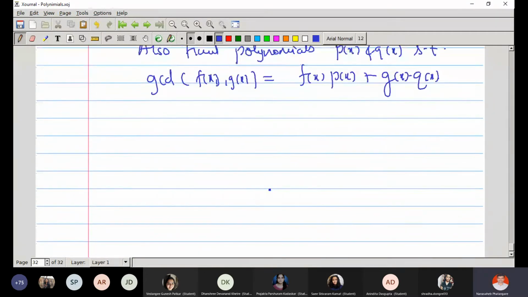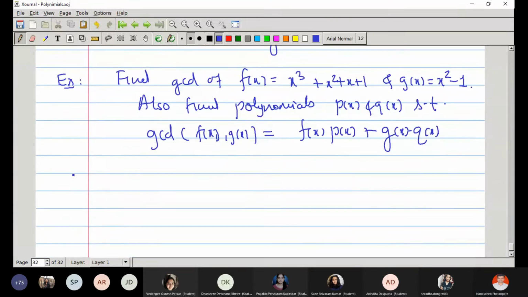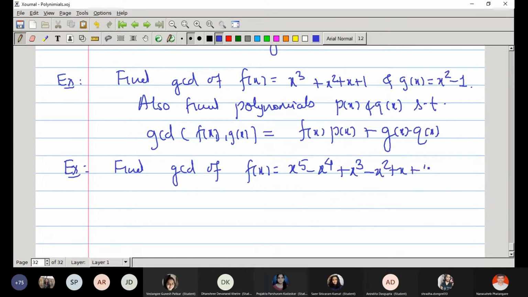Right, find GCD of fx is equal to x raised to 5 minus x raised to 4 plus x cube minus x square plus x minus 1 and gx is equal to x square plus x plus 2.